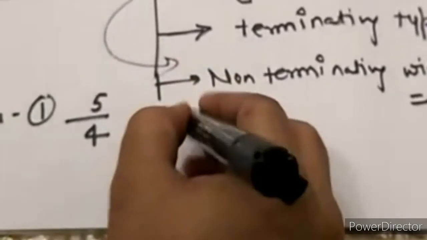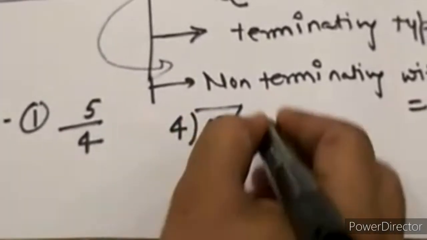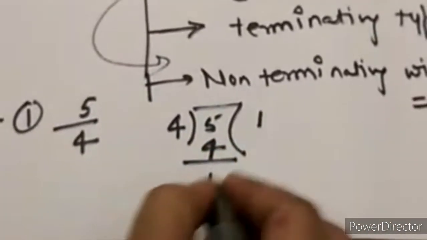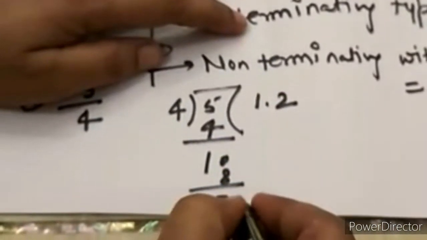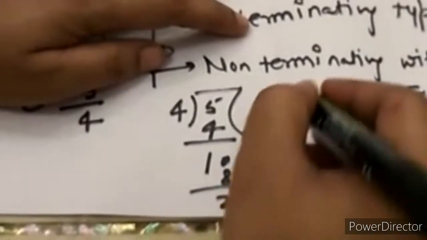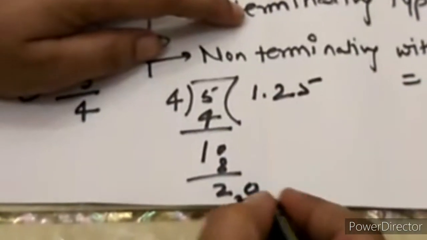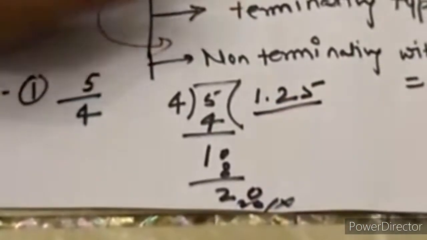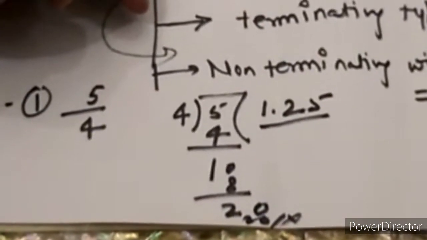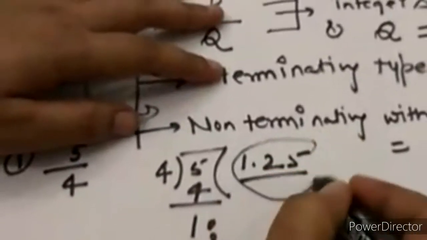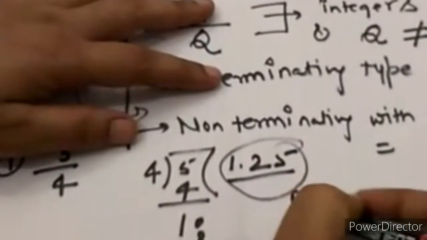Simply divide the number. What will we get? Here we got a decimal of terminating type. Hence, this number is a rational number.